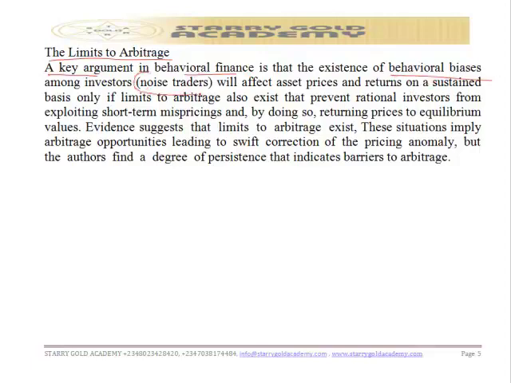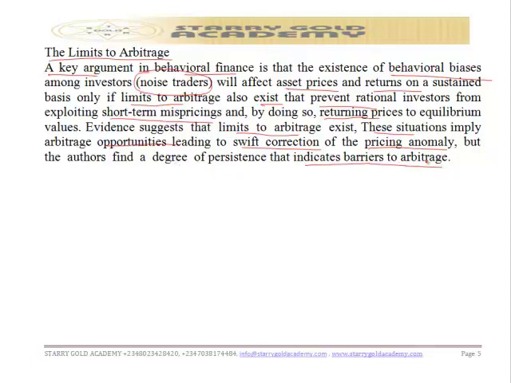We call them noise traders. This behavior will affect asset prices and returns on a sustained basis if limits to arbitrage also exist that prevent rational investors from exploiting short-term mispricing and, by doing so, returning the price to equilibrium value. So evidence suggests that limits to arbitrage exist. Otherwise, this situation implies arbitrage opportunity leading to swift correction of the pricing anomaly, but the authors find a degree of persistence that indicates barriers to arbitrage.